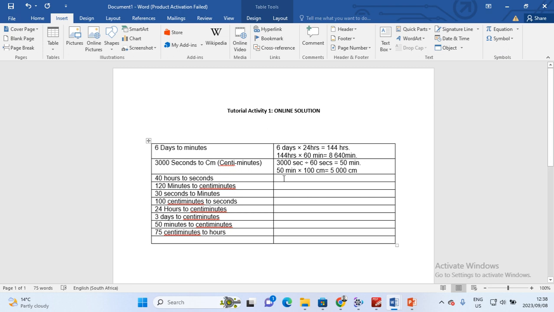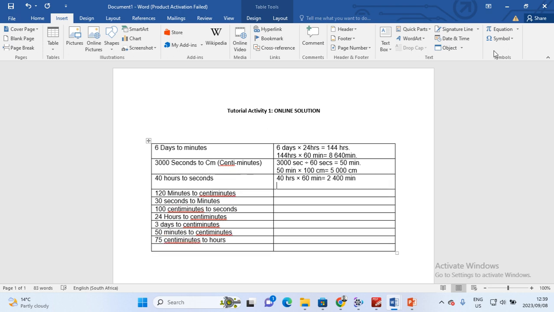Again, if you want to convert from hours to seconds, we're just going to multiply 40 hours by 60 minutes, which should give us 2,400 minutes.